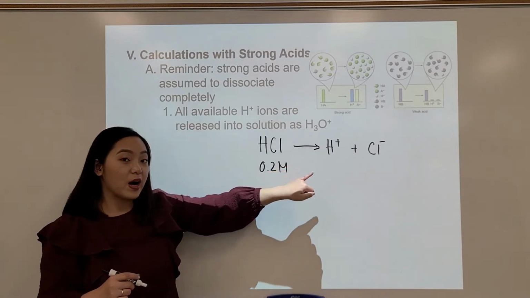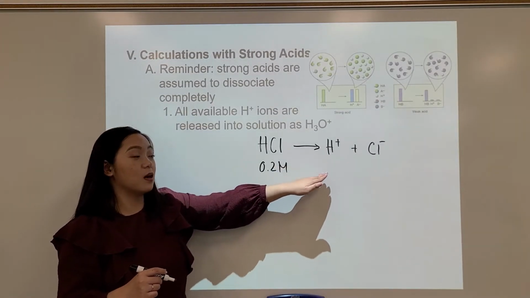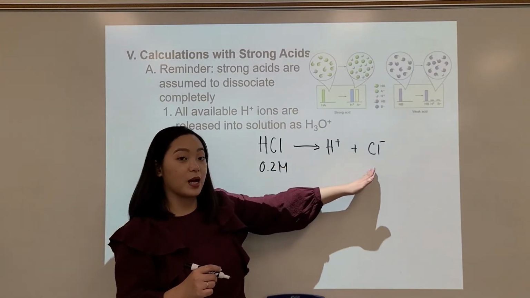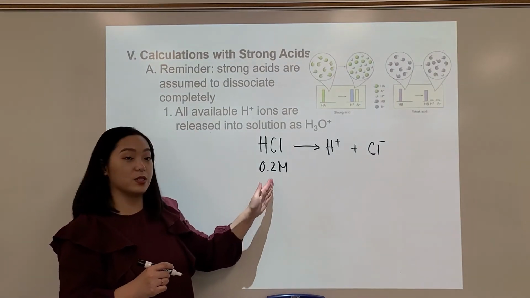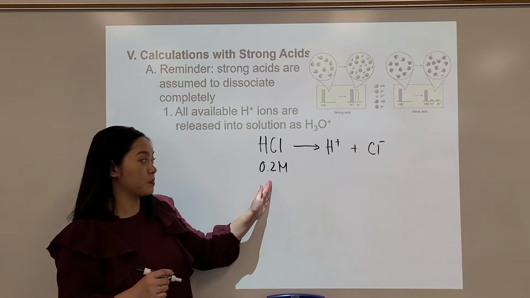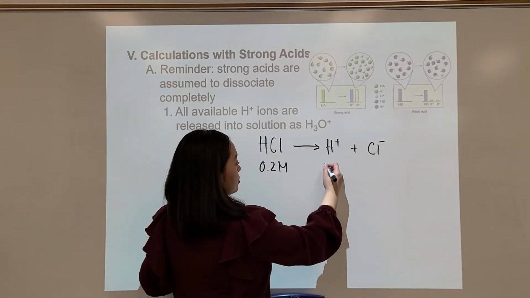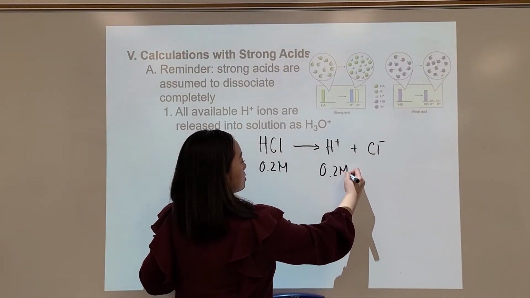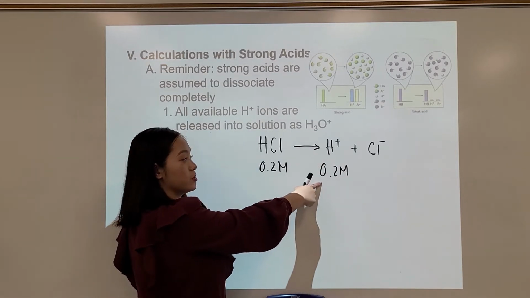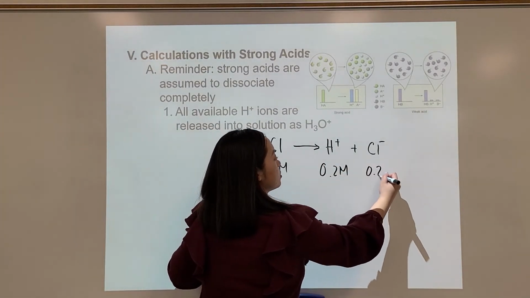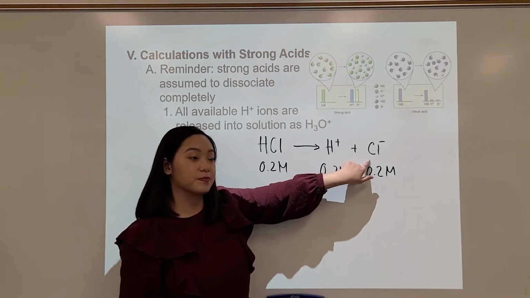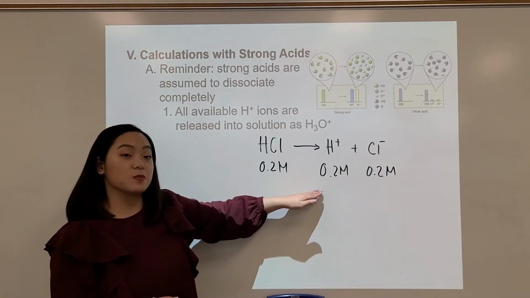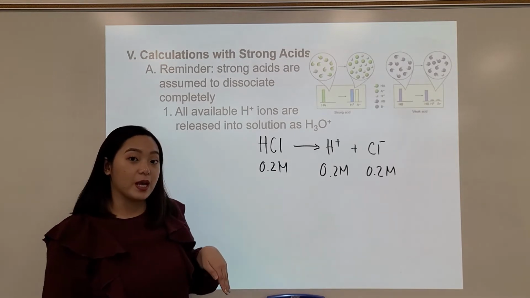Now, you will find that if you analyze the concentration of each of these ions, their concentration is the same as the concentration of hydrochloric acid. That means after dissociation, the concentration of H plus is 0.2, and 0.2 is also the concentration of the chloride ion.